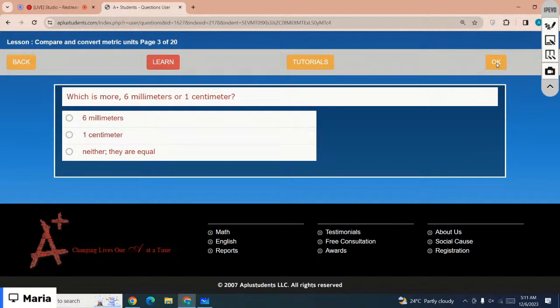Which is more, 6 millimeters or 1 centimeter?